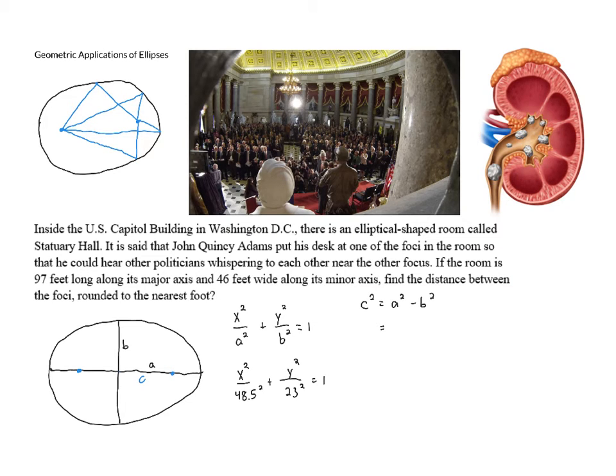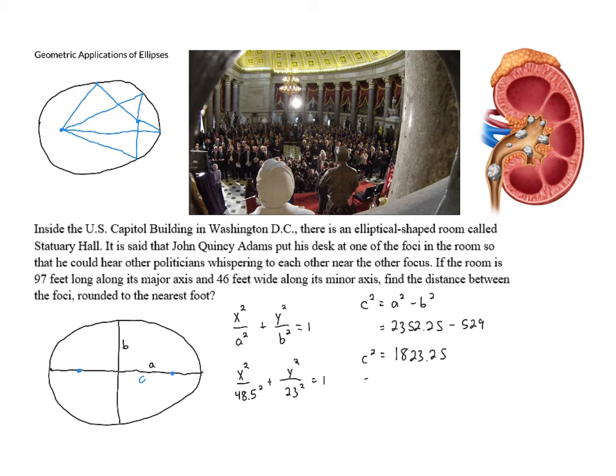Now, a is 48.5, and 48.5 squared is 2,352.25, minus b squared. b is 23, and 23 squared is 529. And when we do the subtraction, we get 1,823.25. This is the value of c squared.